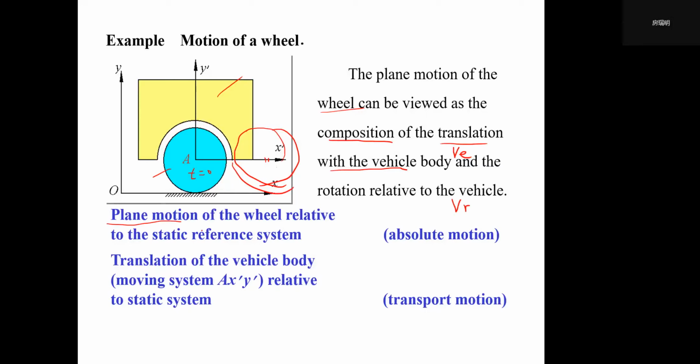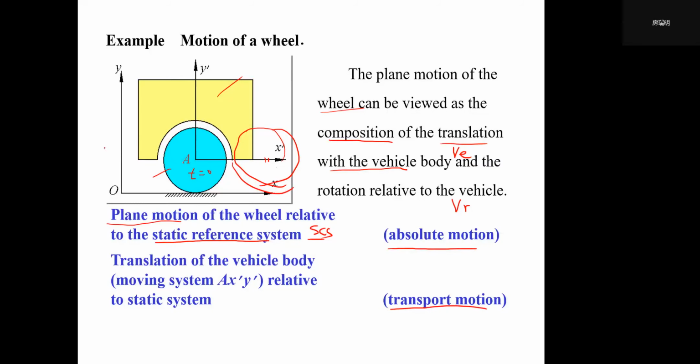The plane motion of the wheel relative to the static reference system, our SCS, means its absolute motion. Translation of the vehicle body moving system relative to static, we call that transport motion.